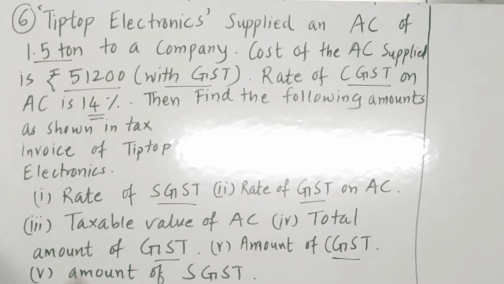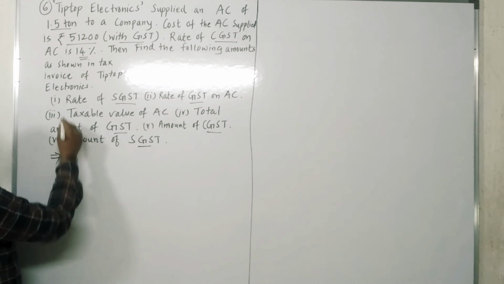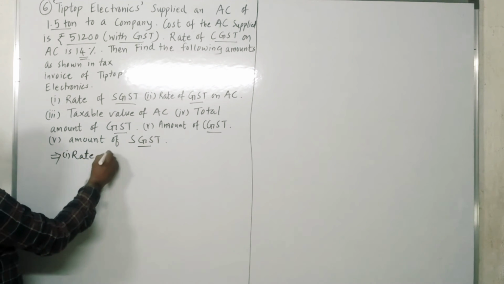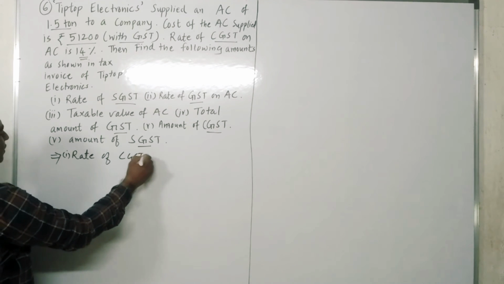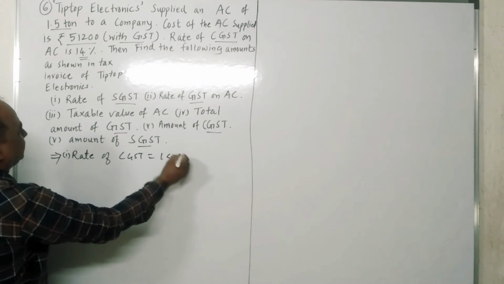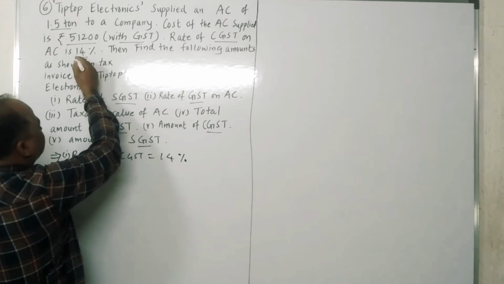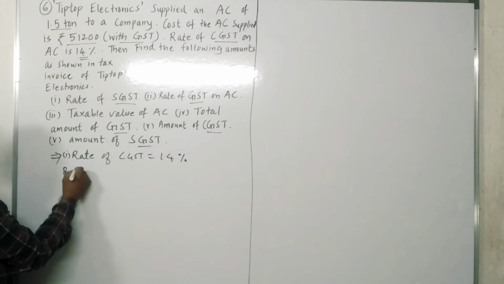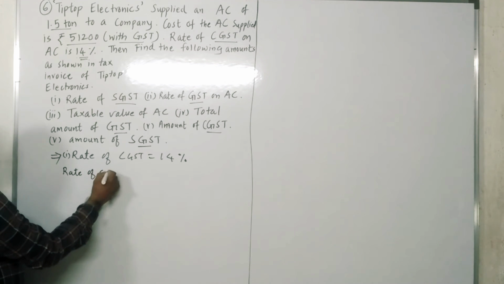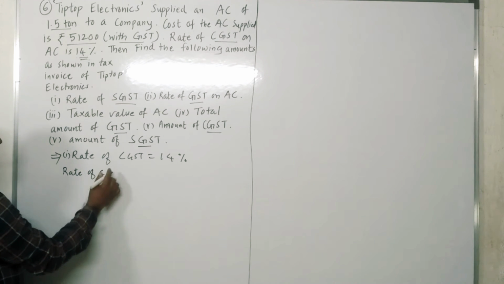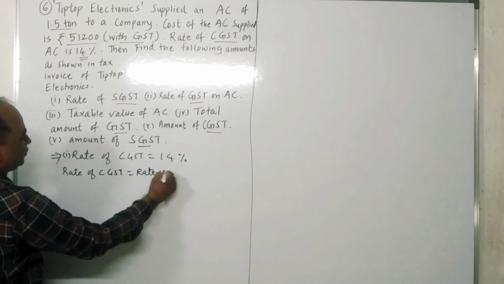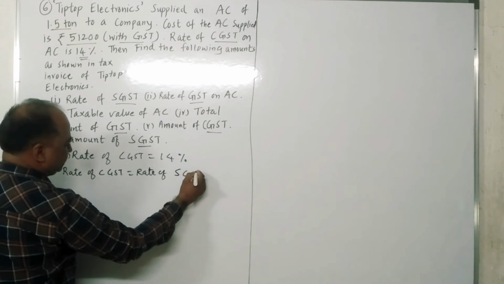First we have to find the rate of SGST. The rate of CGST is given as 14%, and we know that the rate of CGST is equal to the rate of SGST.